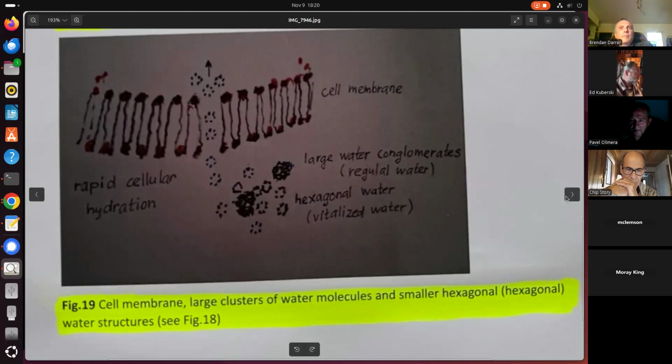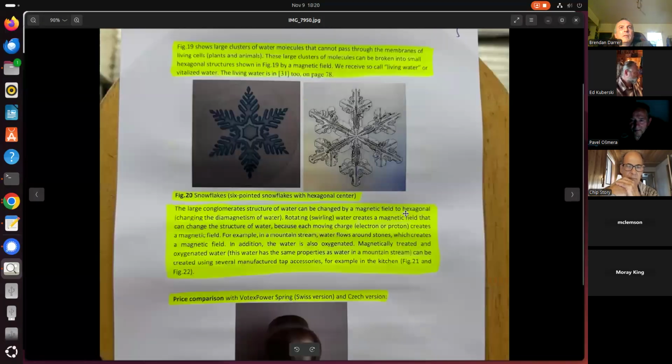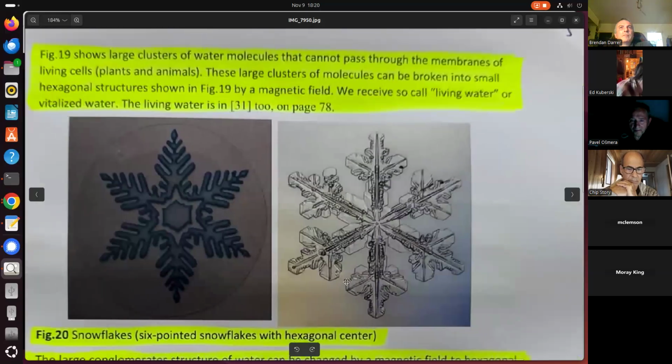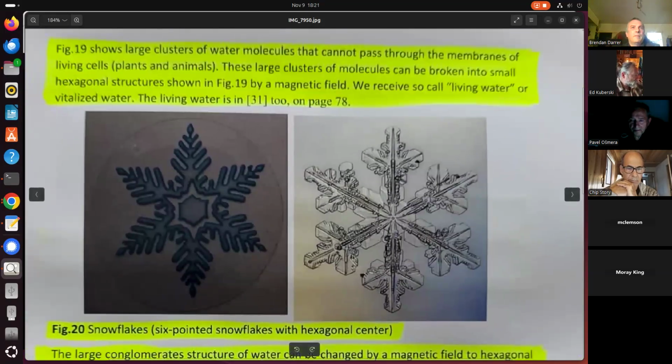And then we've got on page 9, figure 19 shows large clusters of water molecules that cannot pass through the membranes of living cells, plants, and animals. These large clusters of molecules can be broken into smaller hexagonal structures shown in figure 19 by a magnetic field. We receive so-called living water or vitalized water.